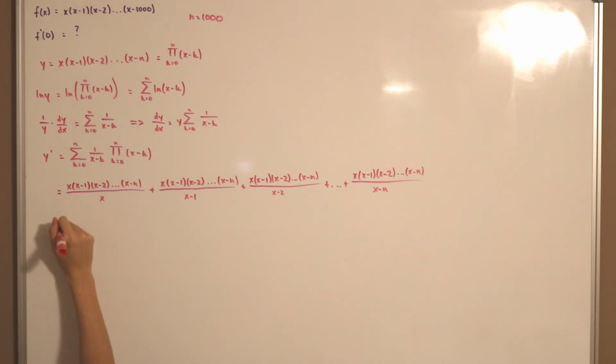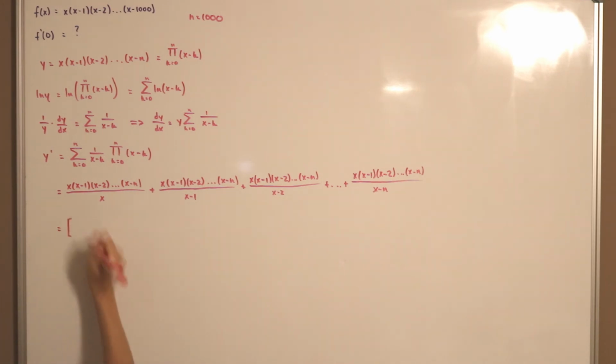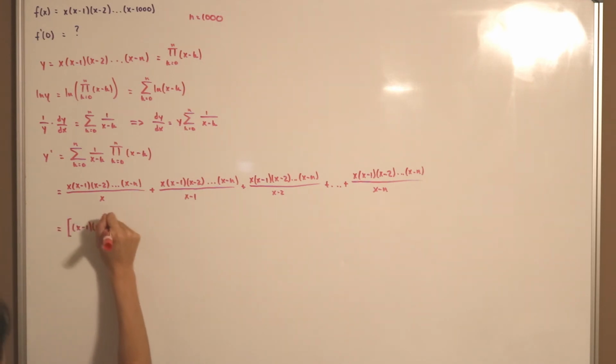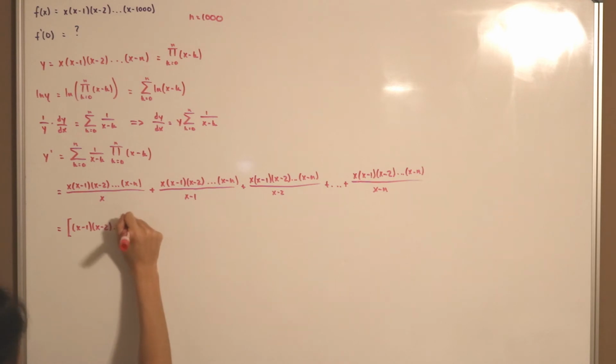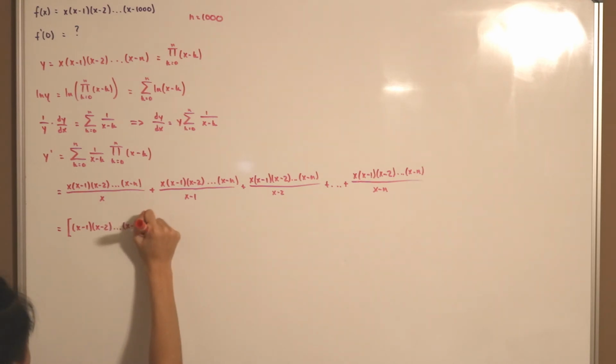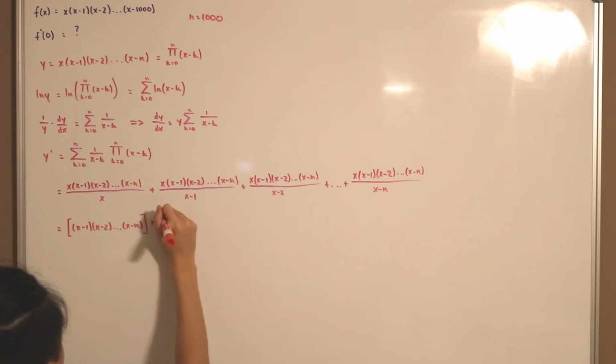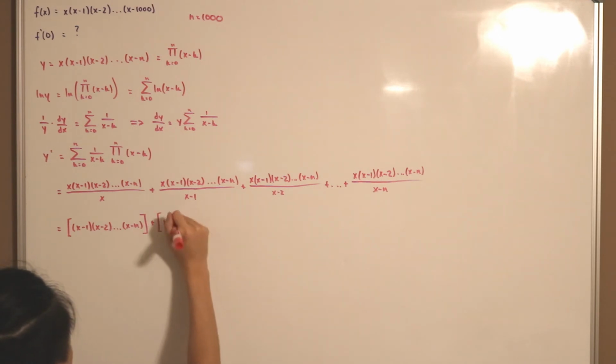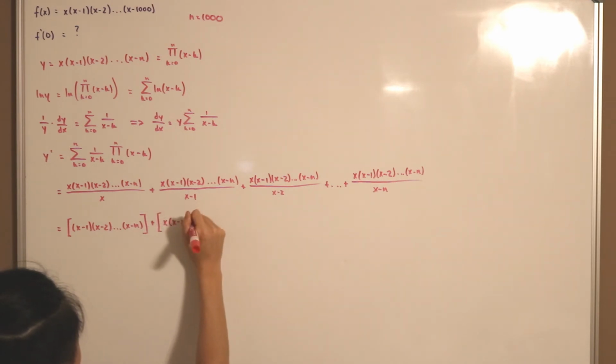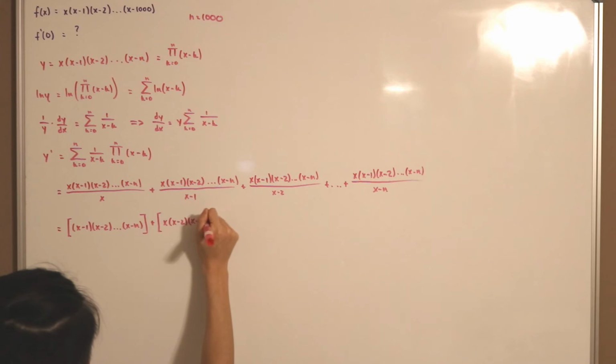So this means we can rewrite this, and this is going to require more writing. So x minus 1, x minus 2, up to x minus n, so that's the first term. And then x times x minus 2, up to x minus 3.